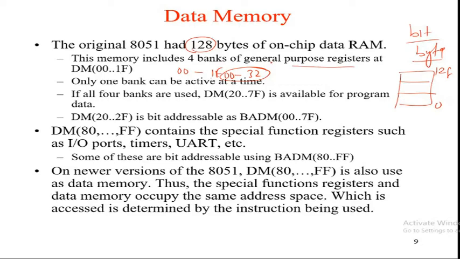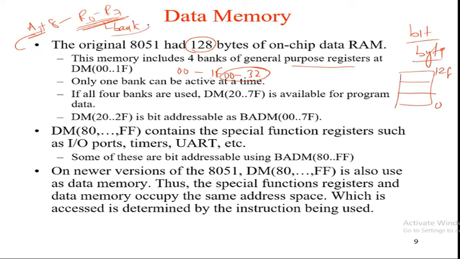What is meant by general purpose registers is that in the 8051 microcontroller we have only an accumulator register, and additionally 8 general purpose registers, represented as R0 to R7. Officially these are not individually represented, but these registers are selected based on the bank allocation.